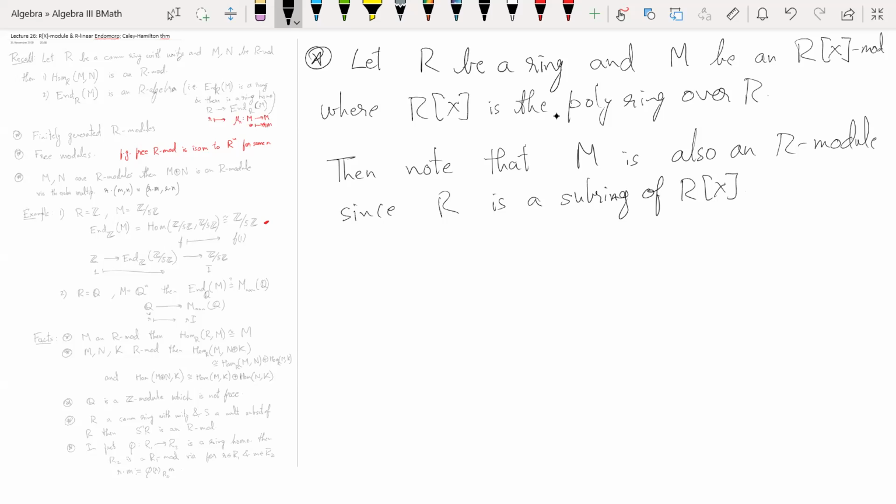Consider the map phi from M to M, the linear map which you get by multiplication by X. So m goes to X times m. Phi is actually linear because M was an R[x] module.